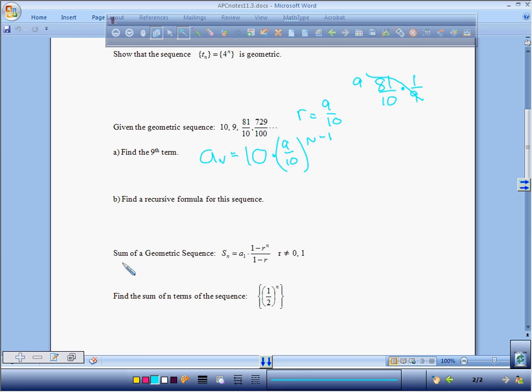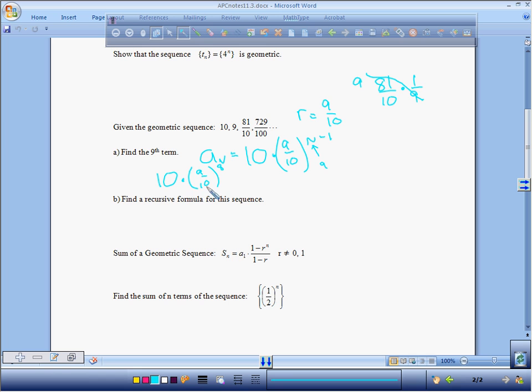So now I am just going to plug in 9 in here. Are we going to get some big monster number? We are. Find the 9th term. It's 10 times 9 over 10 raised to the 8th power. Whatever.